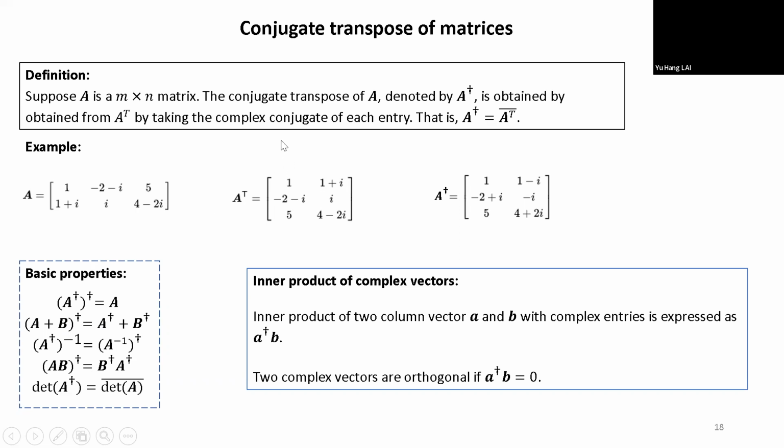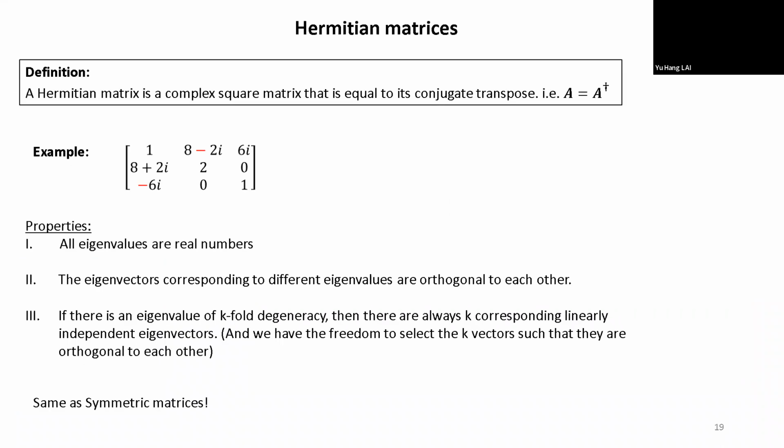As I mentioned, I'm going to consider a special type of matrix, which is known as the Hermitian matrix. A Hermitian matrix is a matrix that is equal to its own conjugate transpose.